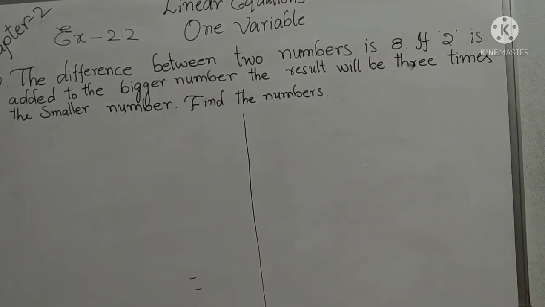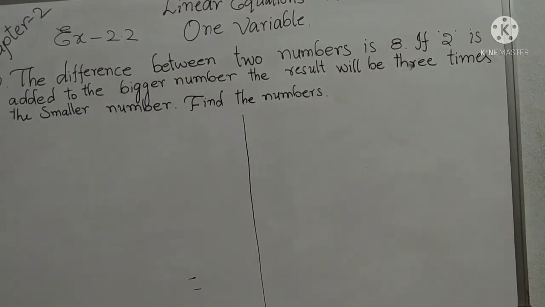It means we have a smaller number and a bigger number. According to the problem, the difference between two numbers is 8. If 2 is added to the bigger number, then we take the bigger number as x. Understand here?